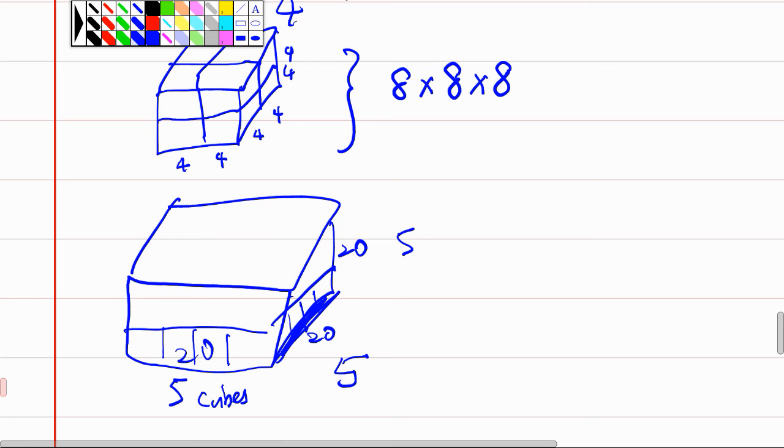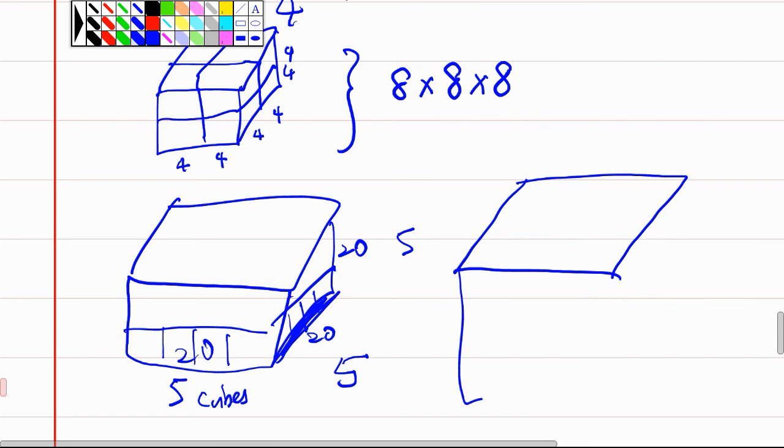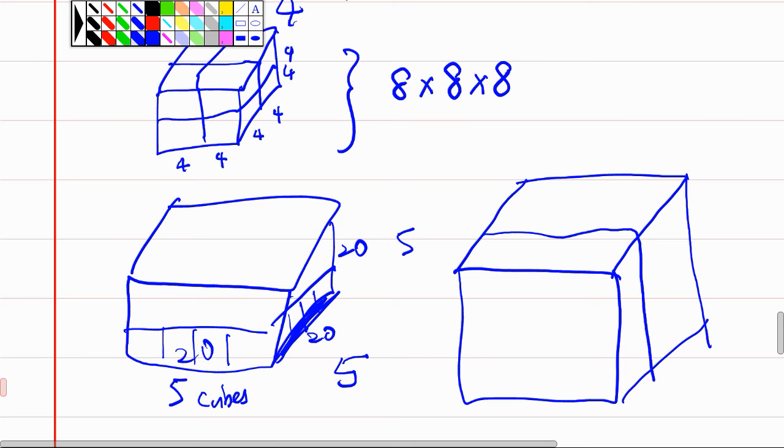Do you follow? Why is it so strange? Now let me draw a cube. Because the corner cube is the same cube. Do you follow? So that means the addition. Okay, let me draw the first layer. First layer is definitely 5 times 5, right?